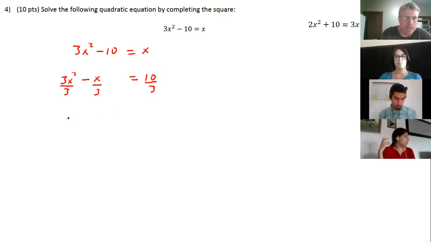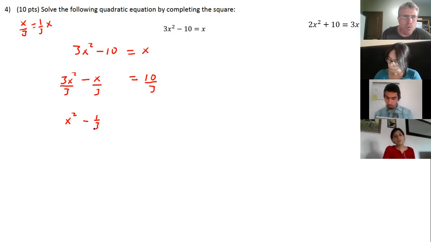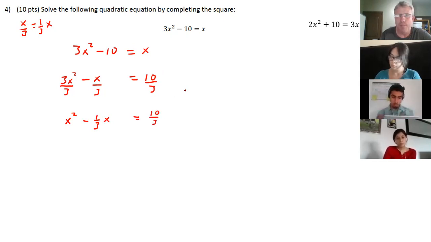So you get them shrunk down, you get the x squared minus x over 3, and we want to recognize that x over 3 means the same thing as 1/3 of an x. So you can write it like 1/3 x if you prefer to visualize it that way. It's the same thing.